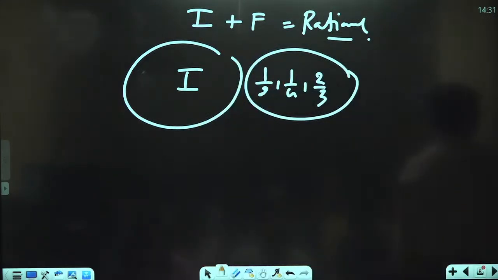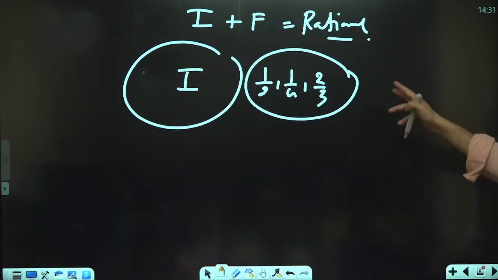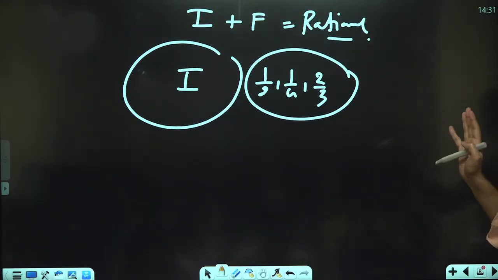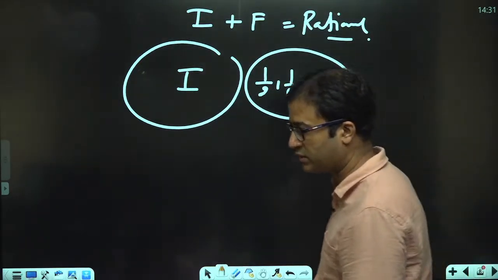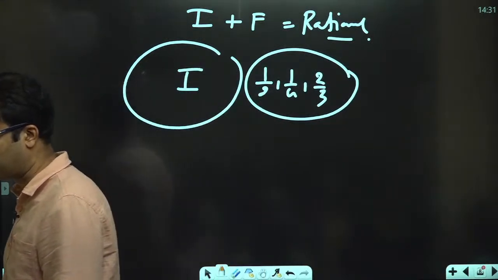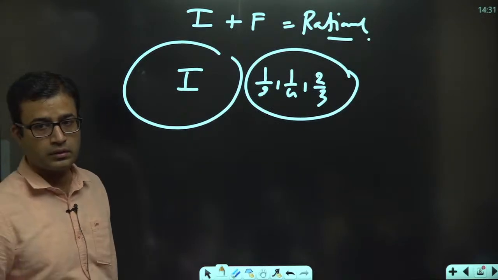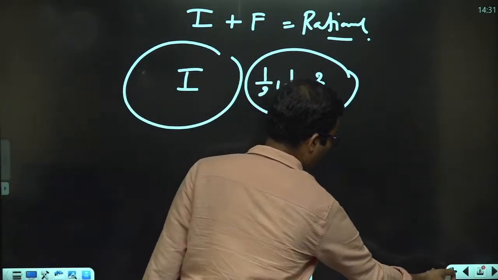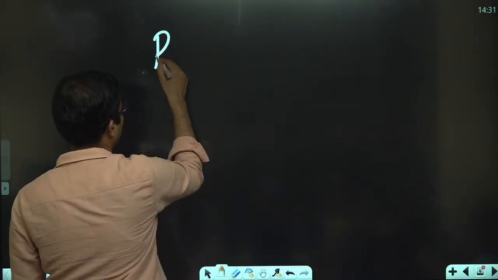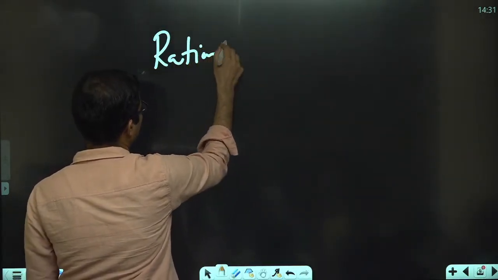All of these become rational. To remember rational, see integers and fractions. Rational numbers include integers and fractions. And other than rational numbers, what do we have? Irrational numbers. I think now it is clear.